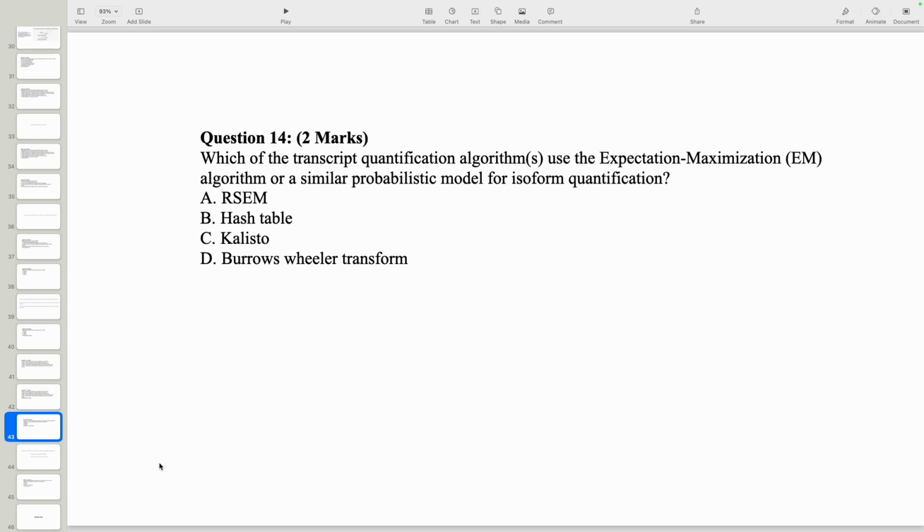Slide not visible. Are my slides not visible to anyone? Aruna, can you please rejoin the lecture? I think the slides are visible.